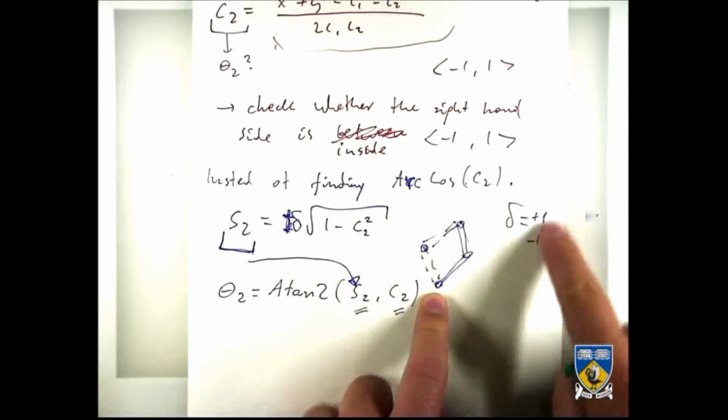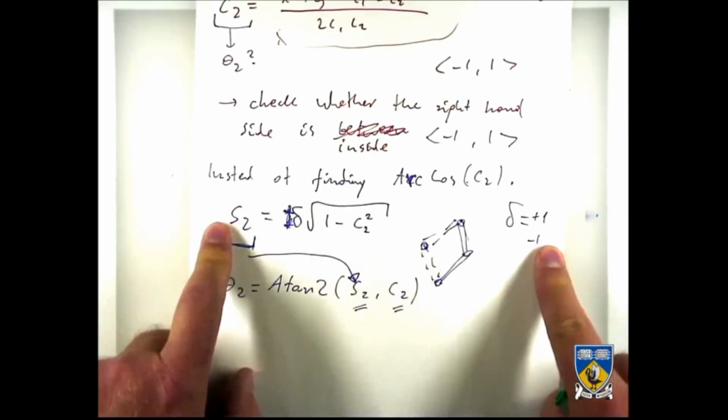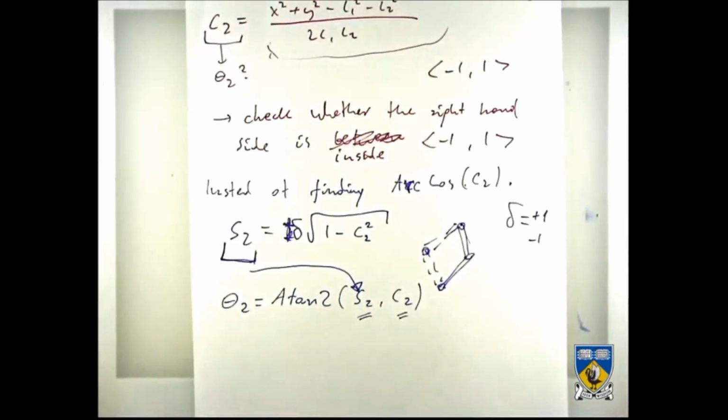And this is decided here by that +1 or -1. Okay? So when we have decided this, then we extract the angle θ2 very quickly using a two-argument arctan function that we already discussed before, when we just put the sine and cosine as arguments. Okay? So this is the robust way of extracting the angle and deciding which angle to take.